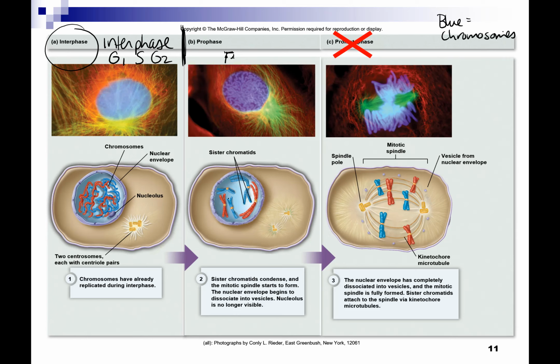And what I want you to see about interphase is you cannot distinguish the chromosomes. It just looks like a blue mass. And it's important to understand this because this is going to help you identify with images.